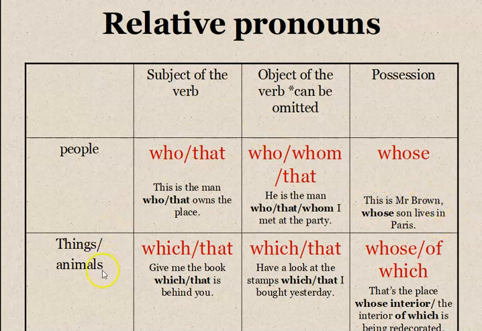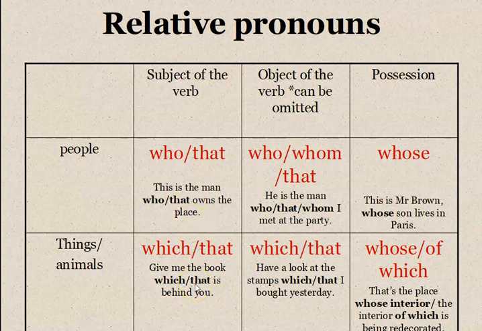Okay, when we refer to things or animals, for the subject of the verb, we use which or that. Example, give me the book which is behind you. Or, give me the book that is behind you. Very similar to this one, right?